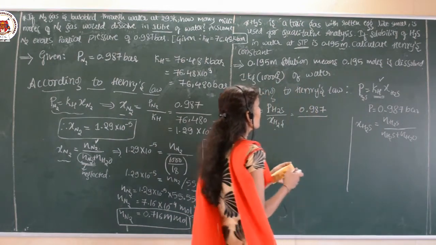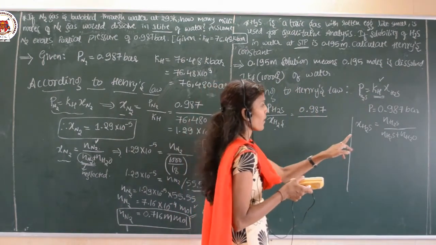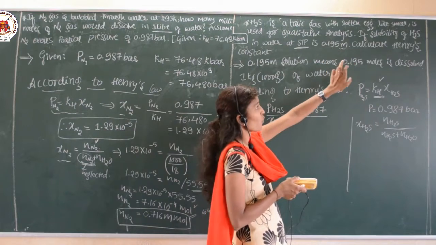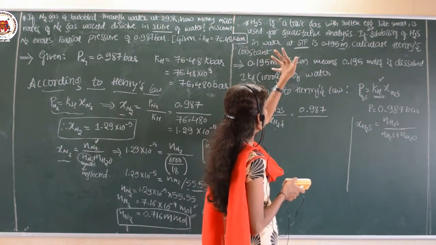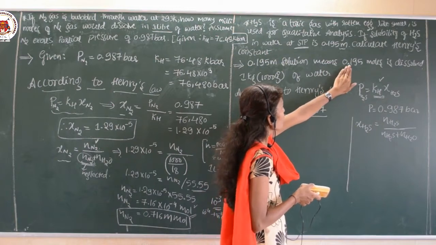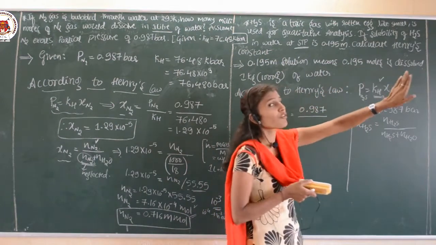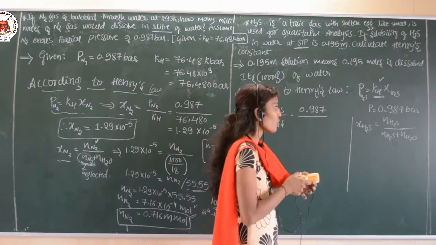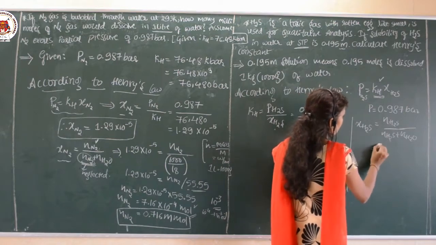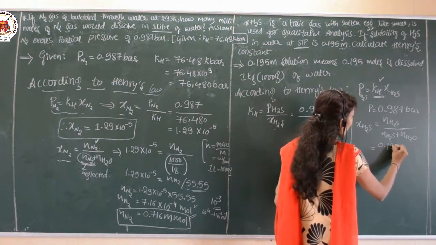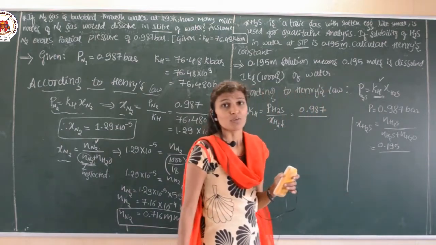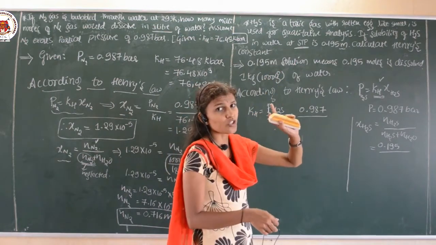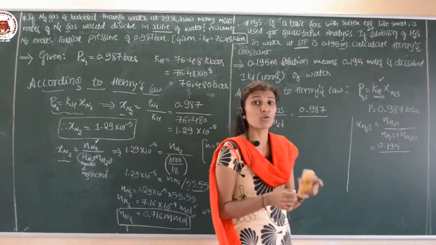There is no need to calculate it, because they have already given the molal solution. So, directly we can say 0.195 molal solution means 0.195 moles of H2S dissolved in 1000 gram of water. So, I am going to take nH2S as 0.195, no need of any calculation, because they have mentioned a 0.195 molal solution, so it means 0.195 moles itself.